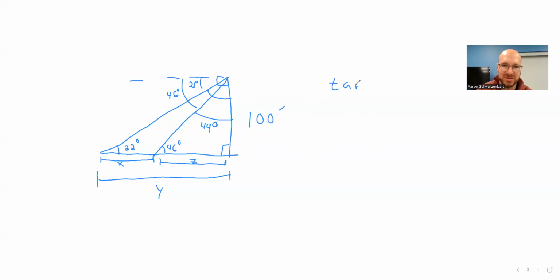So the bottom one, the outside one, tangent of 22 is going to equal 100 over y. To solve this, I'll make that a little neater. To solve this, I'm going to multiply both sides by y.